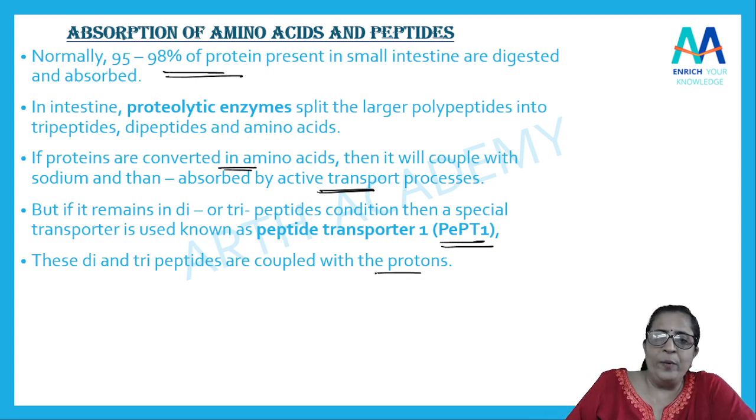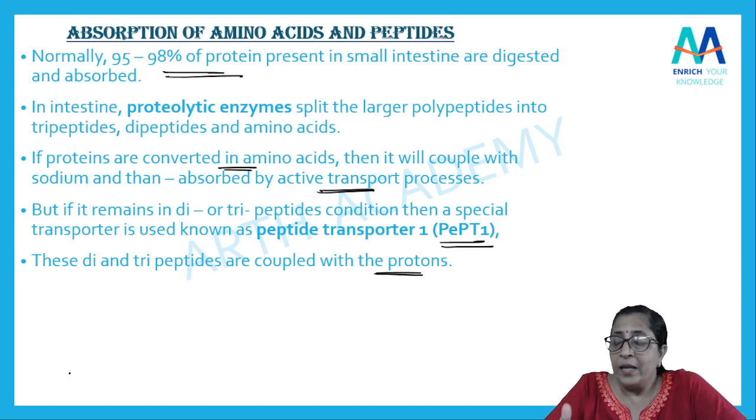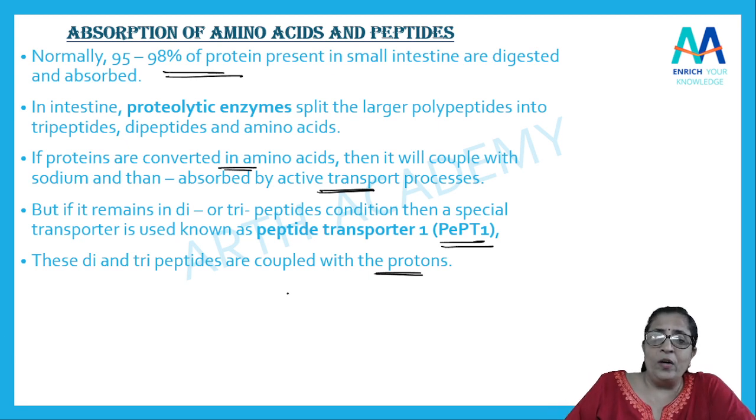Yes, so they will be coupled with a proton. So what I told you, if it is an amino acid, it will be co-transported along with sodium. If it is in a form of a di or tripeptide, it will be co-transported with proton by a transporter called as a peptide-1. Is this much clear?